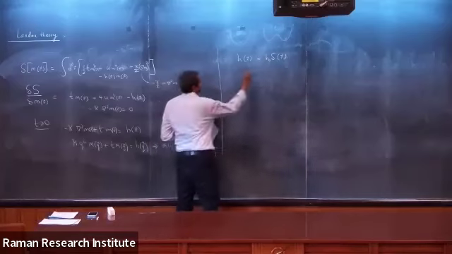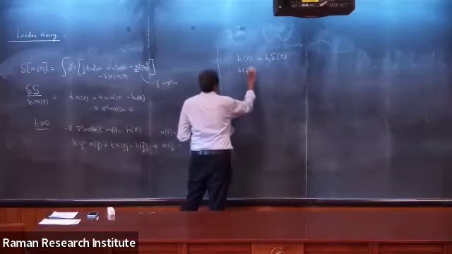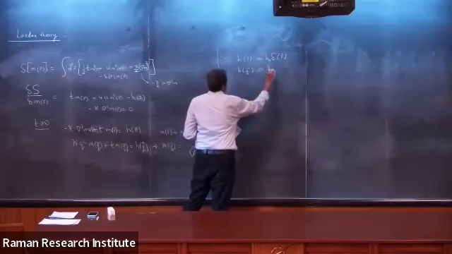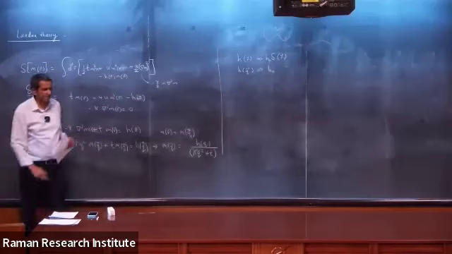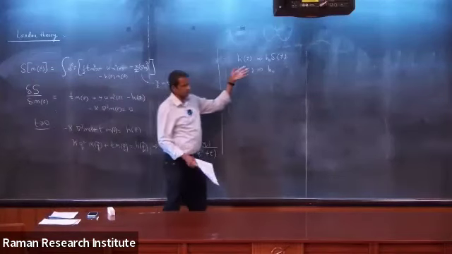Let's replace it by a delta function, which means that in momentum space, h of q is just going to be a constant, independent of momentum. And I'm being sloppy here about factors of volume and so on.